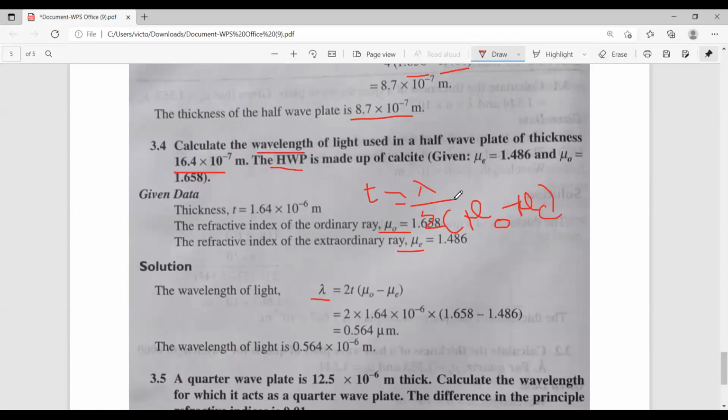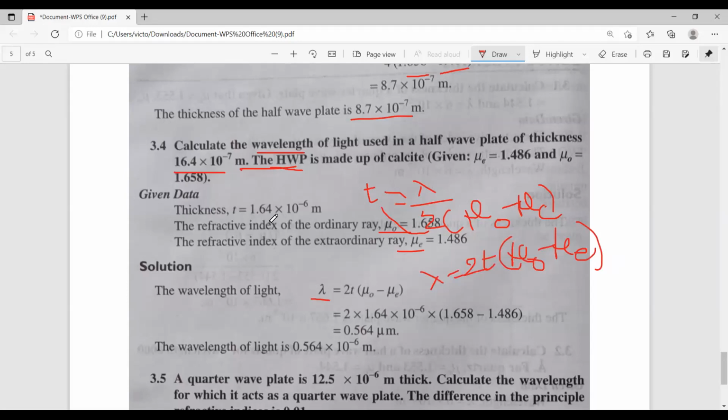From this expression, cross multiplying, the lambda expression is 2t into (μO minus μE). Given that it is a half wave plate, the thickness expression is lambda by 2 into (μO minus μE), so lambda is equal to 2t into (μO minus μE).